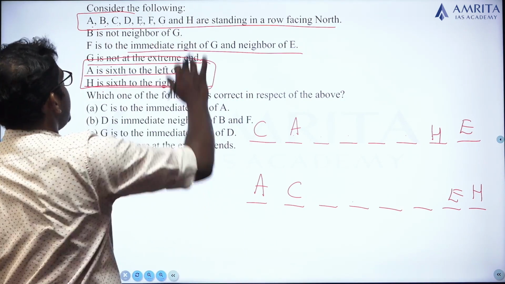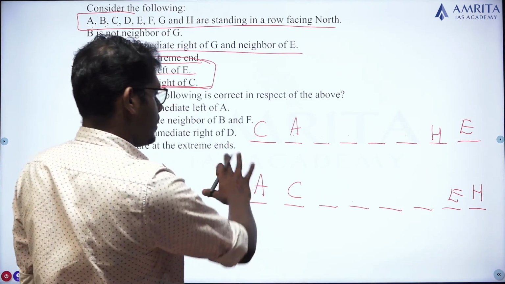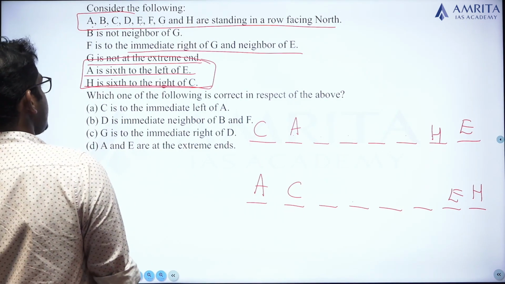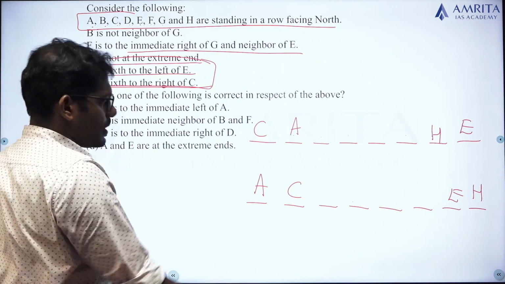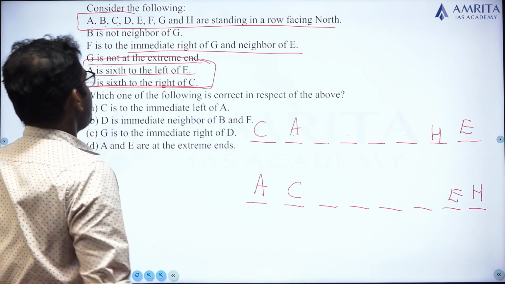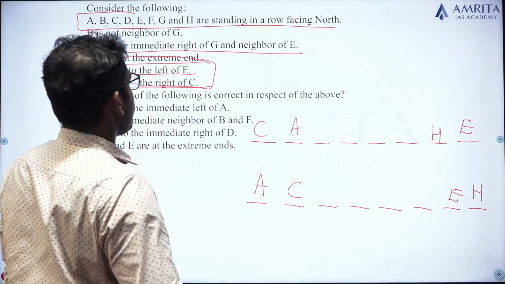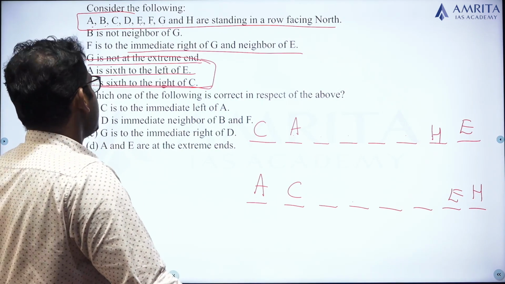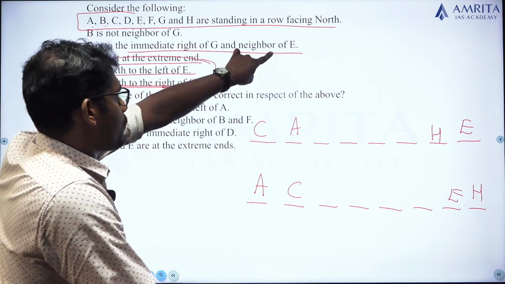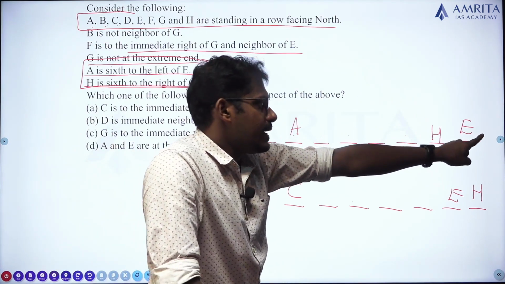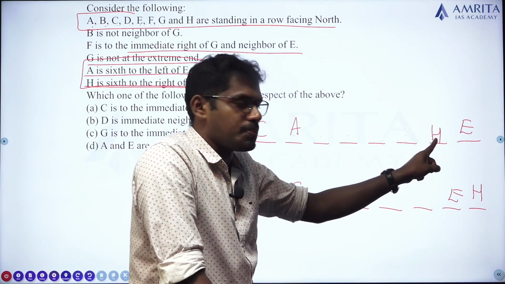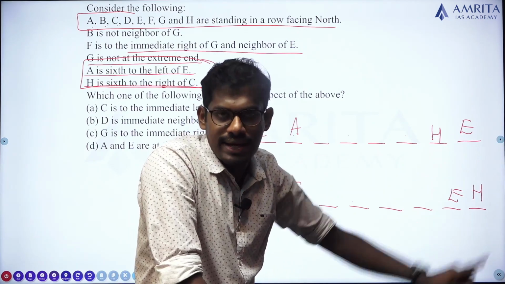Now, B is not a neighbor of G. That's not in the picture yet. G is not at the extreme end. Okay, let's take this. F is to the immediate right of G and a neighbor of E. See, F is the neighbor of E. The neighbor of E in this first possibility is H. There are no other neighbors.